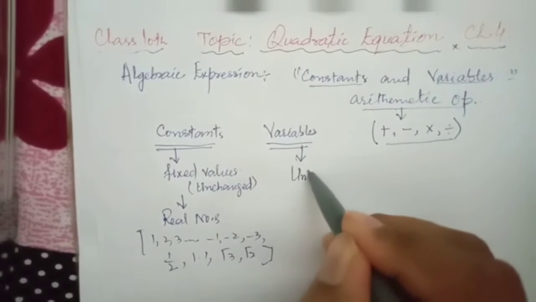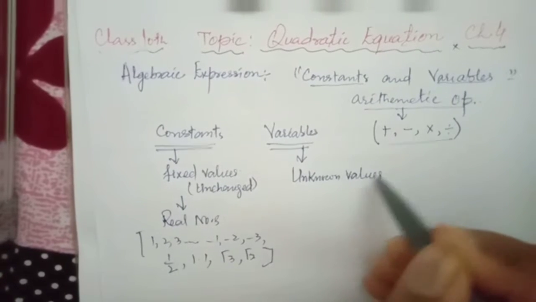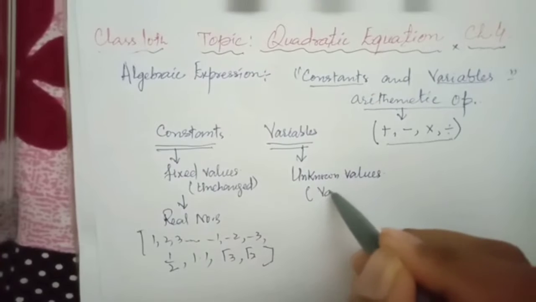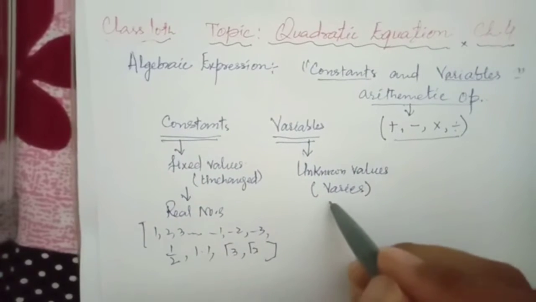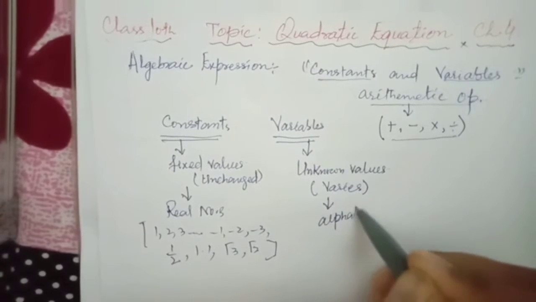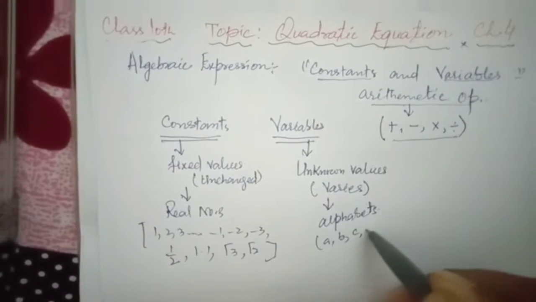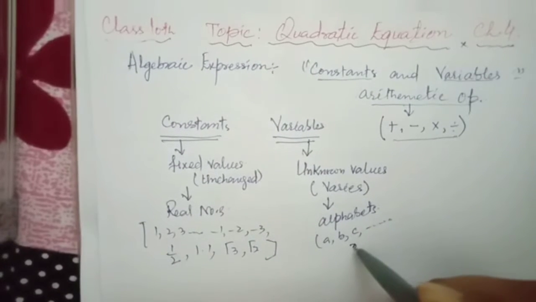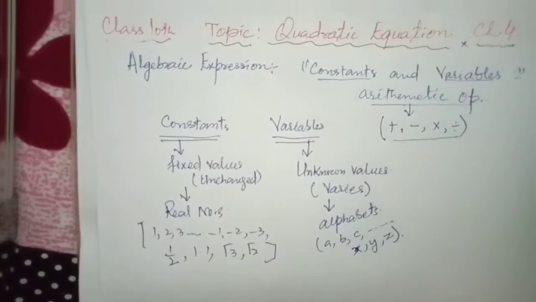These are unknown values. Their value varies. They will not remain the same. And all the English alphabets like A, B, C, X, Y, Z, any alphabet in any expression, you have to remember that is the variable.